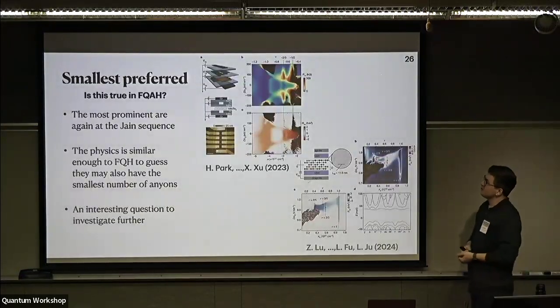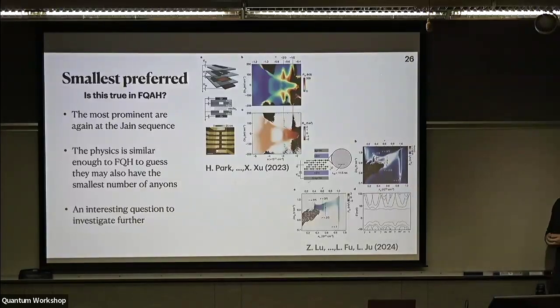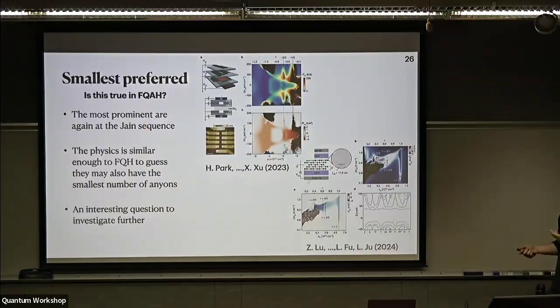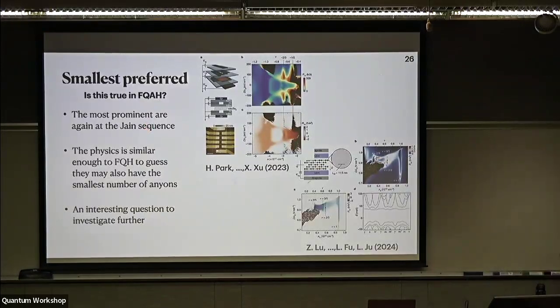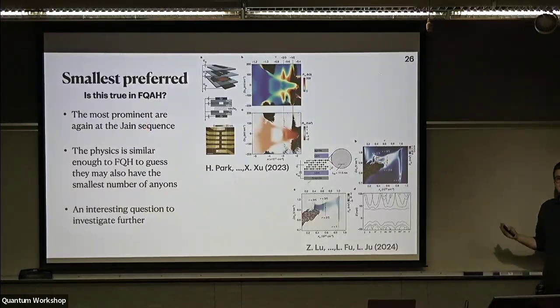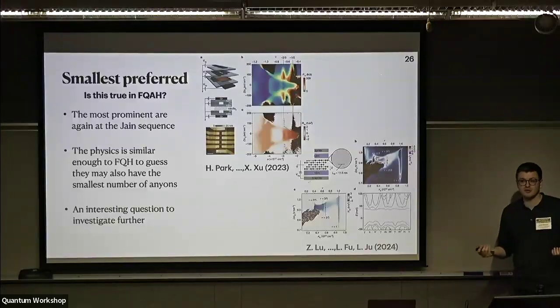Okay, so now with our motivation, let's go back to the fractional quantum anomalous Hall. Again, we kind of see things that look like fractional quantum Hall, that the most prominent examples of fractional sigma_H are the Jain sequence. That might tell us that the physics is similar enough to fractional quantum Hall to guess that these are also Jain-like states, although in principle they could be stacked with some neutral theory.